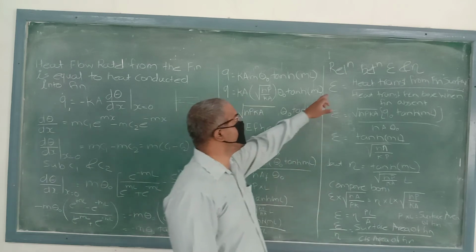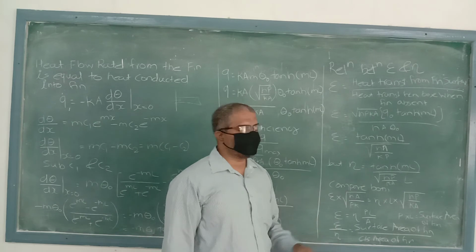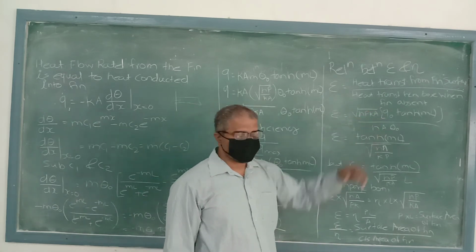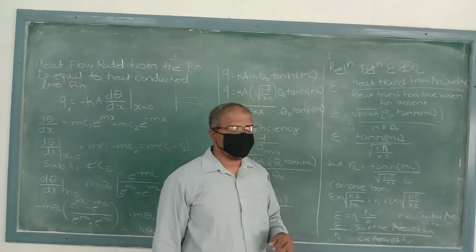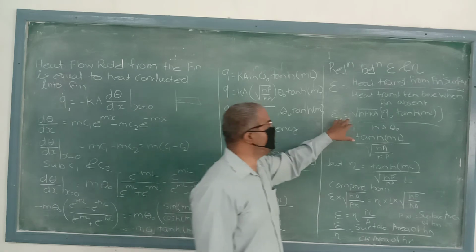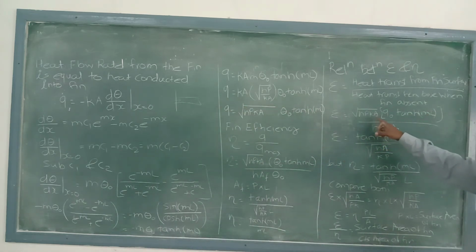So we are writing here heat transfer from the fin surface upon the heat transfer from the base when fin is absent. Now heat transfer from the fin we have calculated, that is under root HPK theta 0 tanh(ml), and in absence of fin, again we are writing hA theta 0.